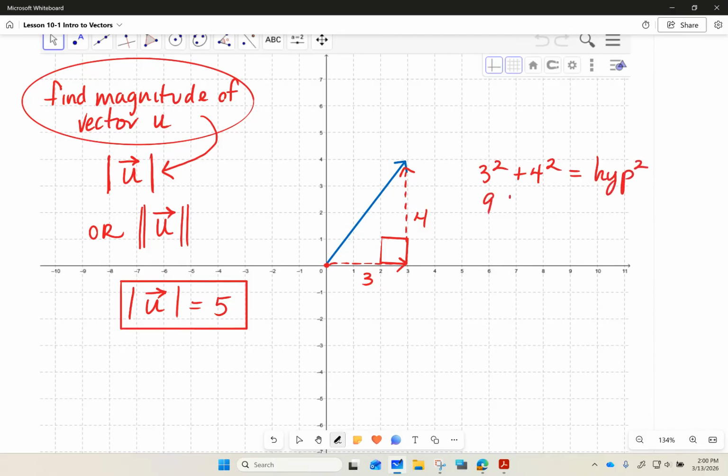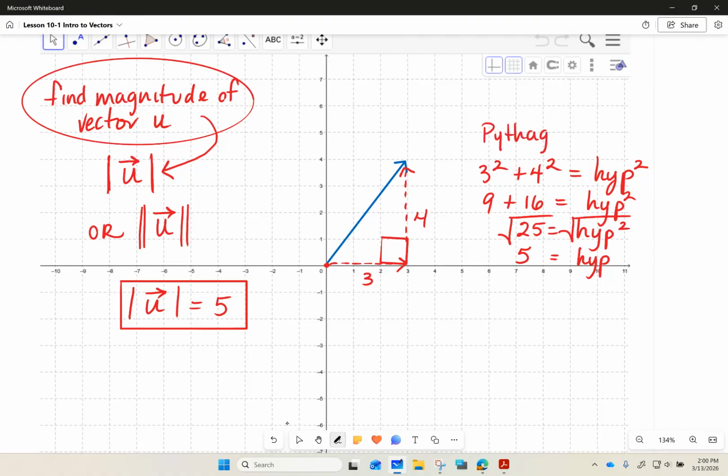That's 9 plus 16 equals my hypotenuse squared, which makes 25. And of course, we have to square root both sides to find our hypotenuse length to be a 5. So the magnitude of a vector can always be found by using the Pythagorean theorem.